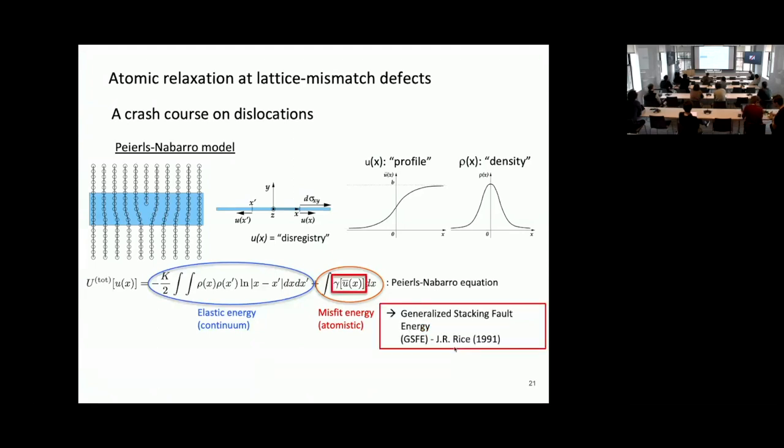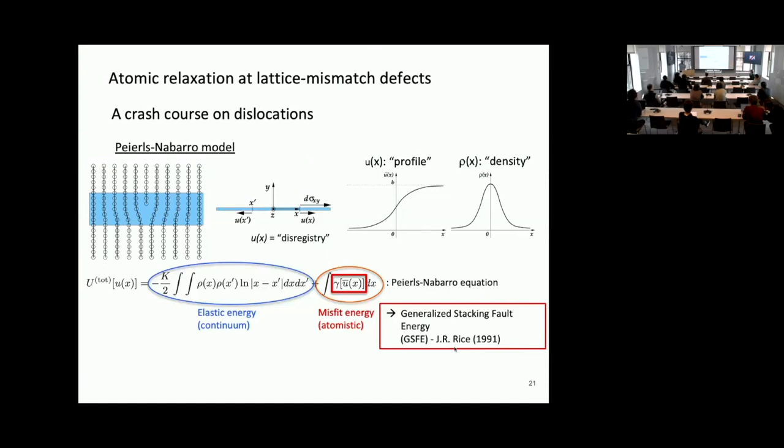The way to calculate this extra contribution, the so-called misfit energy, was first proposed by Jim Rice. This is a seminal paper by Jim Rice, who came up with the idea of the generalized stacking fault energy.